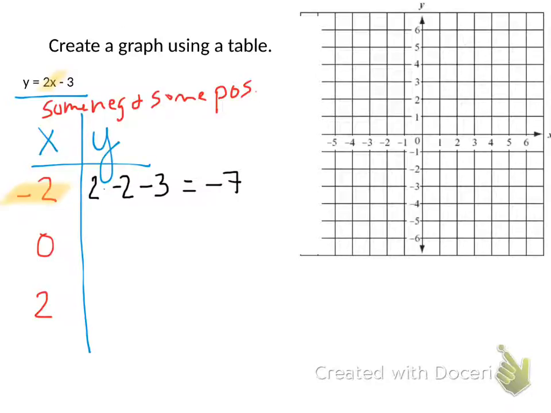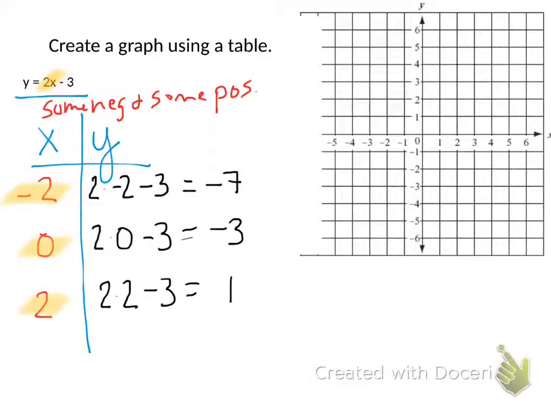Then we're going to substitute in 0 for x, and that's going to be 2 times 0 minus 3. 2 times 0 is 0, minus 3 is -3. Then we're going to substitute in 2 for x. So we've got 2 times 2 minus 3. 2 times 2 is 4, minus 3 is 1.